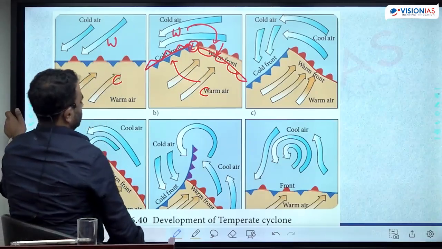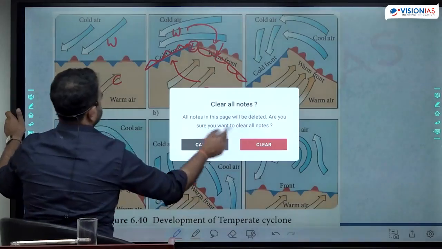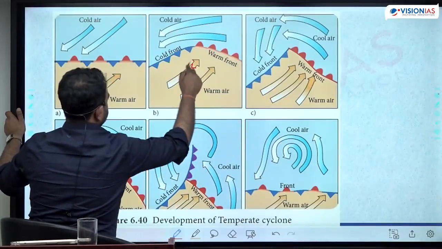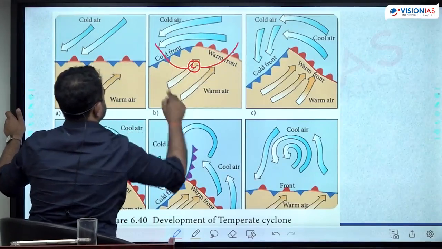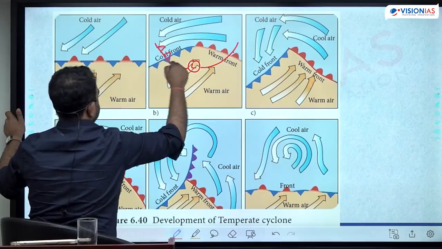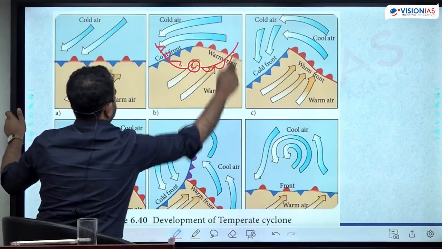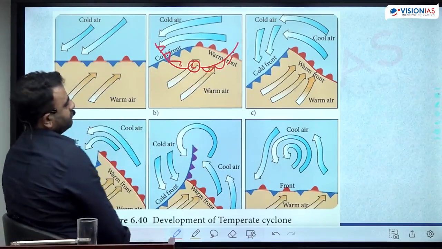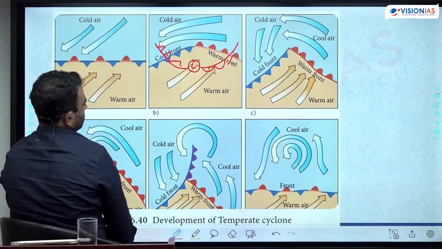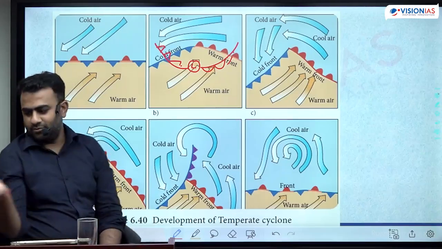ठीक है, तो एक्चुअली उल्टा है. जब लो प्रेशर ऐसे बनेगा, ये ऐसे होगा. This is how the cold front will start to advance. वेव ही उल्टा बनता है. ठीक है, इतना सोचने का जरूरी नहीं है, कोई पूछ लिया इसलिए बता रहा हूँ.